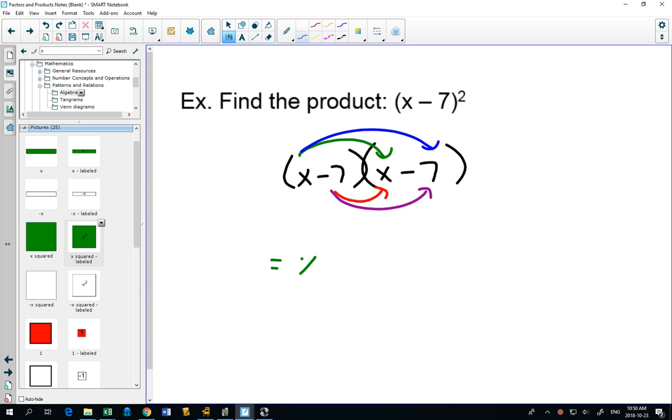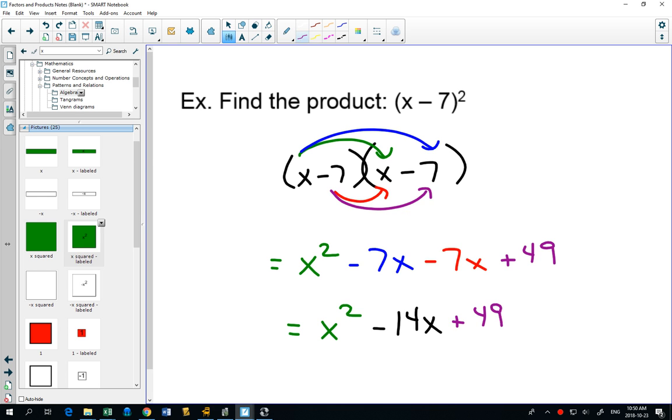And so this would equal x squared minus 7x minus 7x again, minus 7 times minus 7, plus 49. And careful with that minus 7x and minus 7x, that doesn't become 0, because that would become negative 14.